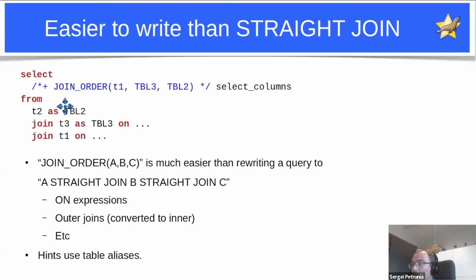A typical complex query has its own expressions, and it may have outer joins. The optimizer can convert some outer joins into inner, and if it does so, then you need to do it in your syntax as well. Then you need to move conditions from one ON expression to another.